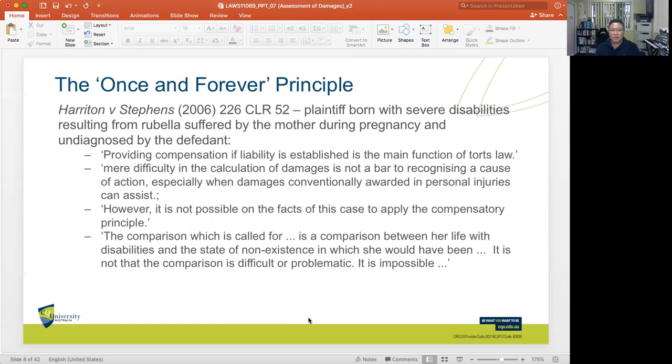It is difficult because the assertion was that the mother would have decided not to give birth to the child. In that case, there would have been a state of non-existence. So trying to compare a situation where a child is born with severe disabilities versus a child who wouldn't have been born, to the court, was a comparison that was difficult or problematic, even impossible.